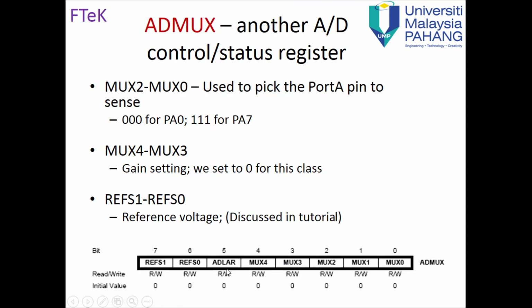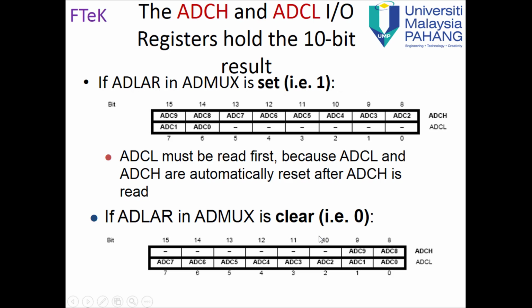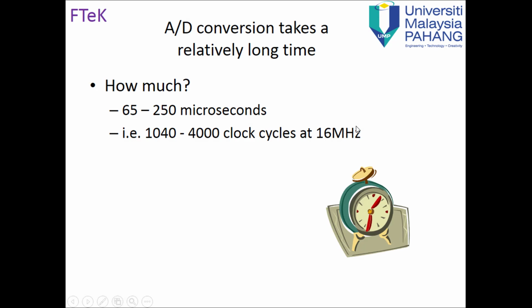This one decides how to shift the value to the left or to the right. To get the conversion result, there is one special variable which is ADCW, or simply ADC, which is a 16-bit variable that will contain the value stored in these two registers.